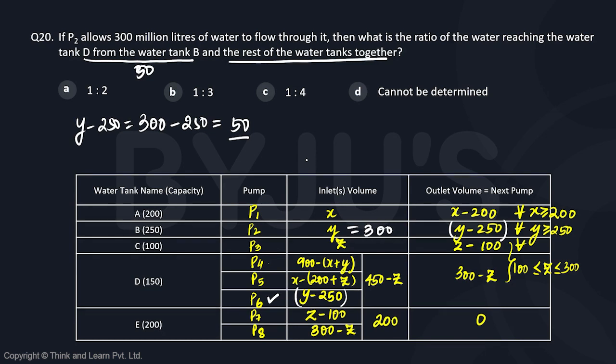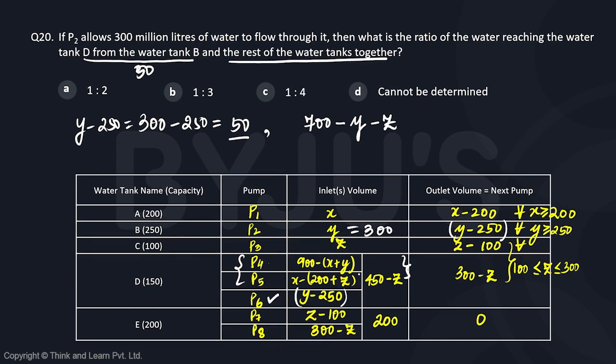So if we talk about the water reaching water tank D from the rest of the water tanks together, it will be from the other two, P4 and P5, right? So this, if we add, is going to give us 700 minus y minus z.